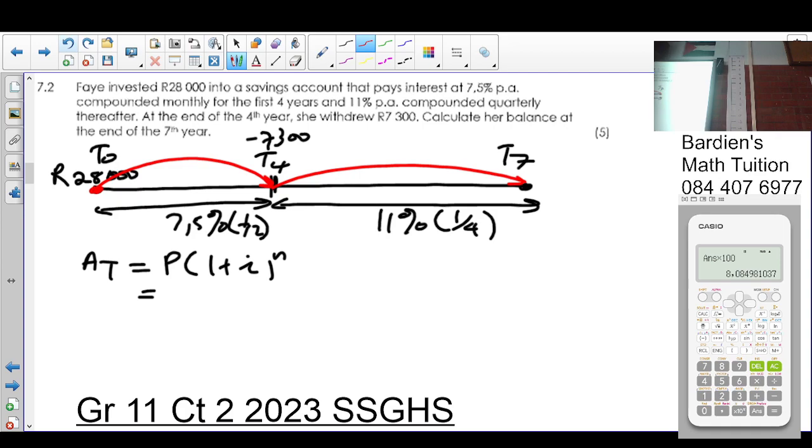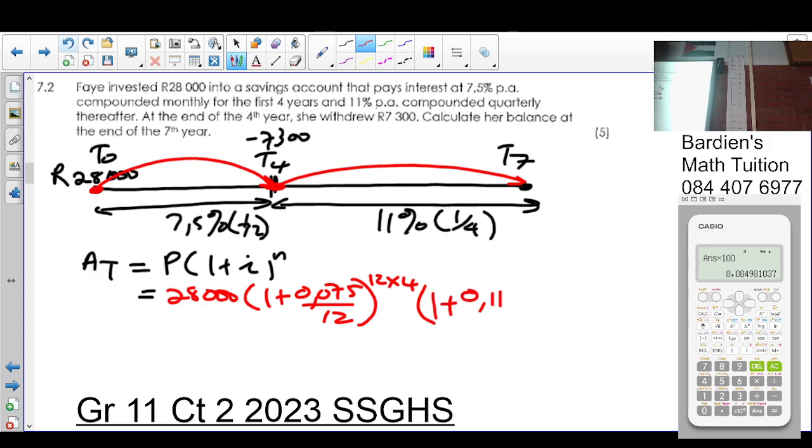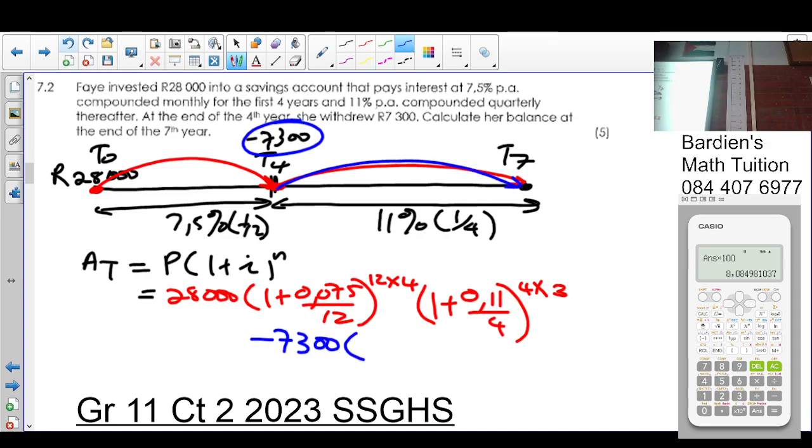It's going to be 28,000 rand into 1 plus 0,075 over 12, to the exponent 12 times 4 years, into the next interest factor, which is 1 plus 0,11 over 4 to the exponent 4 times 3, and this is for 3 years. Then we consider the withdrawal of 7,300 rand, and that interest factor is 1 plus 0,11 over 4 to the exponent 4 times 3.